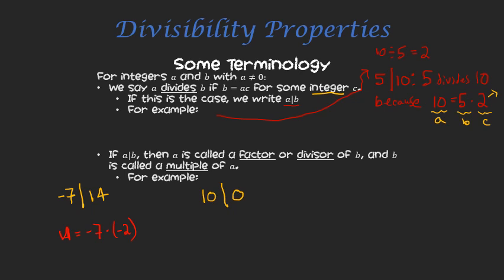That means I would have to find an integer c such that 0 is equal to 10 times that integer. Well, can you think of such a thing? Sure, why not 0? So 10 divides 0, this is true. This is a true statement since 0 is equal to 10 times 0.